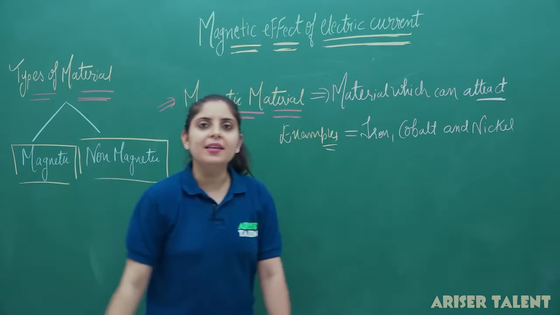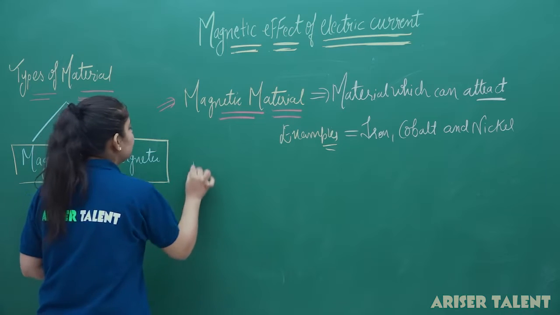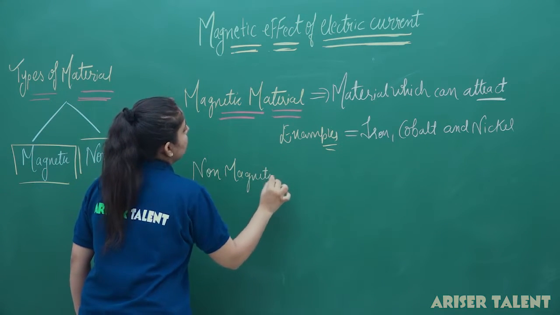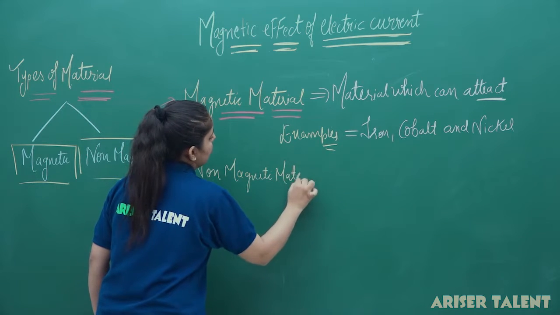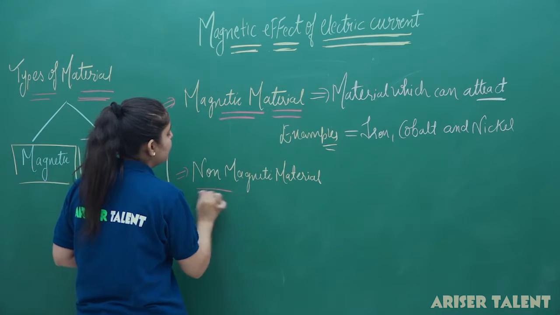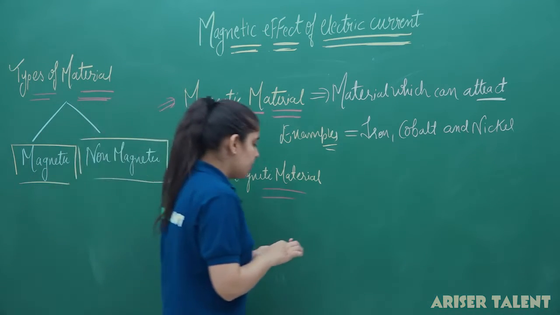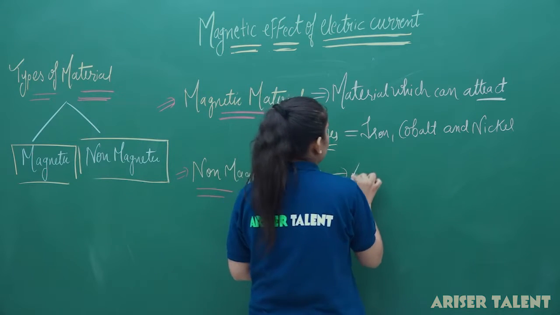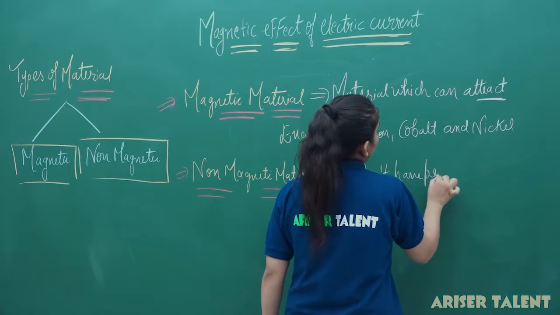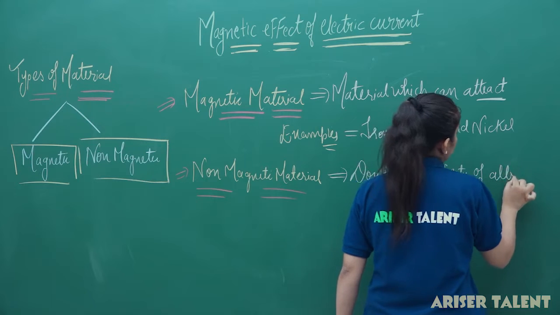And the second material we have is the non-magnetic one. So the second category is non-magnetic material, and these materials do not have any property to attract any object. They do not have the property of attraction.